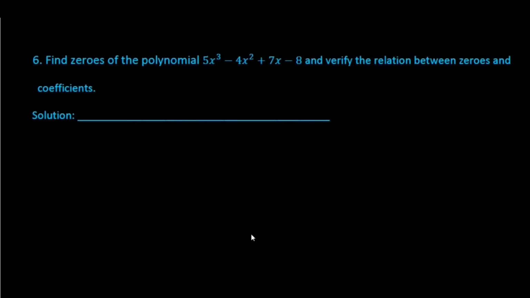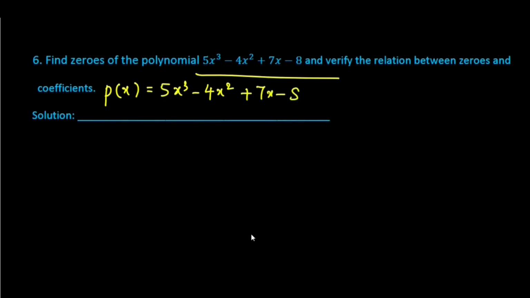Sixth question. Find the zeros of the polynomial 5x cube minus 4x square plus 7x minus 8 and find the relation between zeros and coefficients. So given p of x is equal to 5x cube minus 4x square plus 7x minus 8.